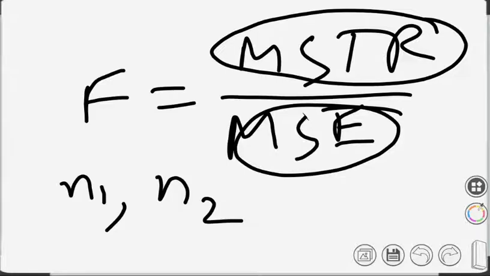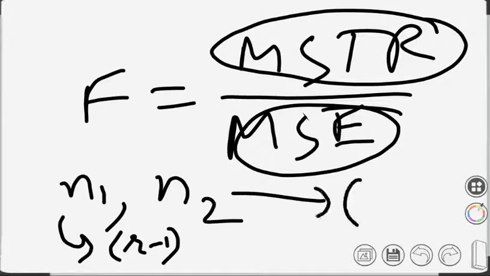So you have to check, in this case, what is the value of n1? In the table I have written, it is r minus 1 degrees of freedom, and n2 is n minus r.